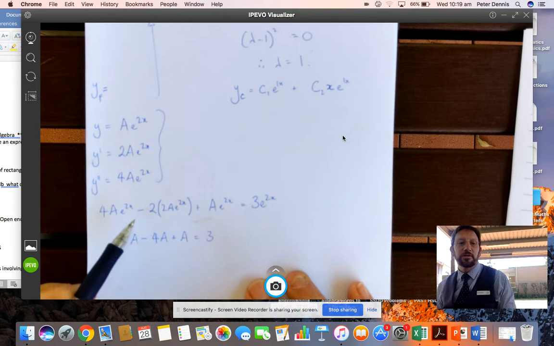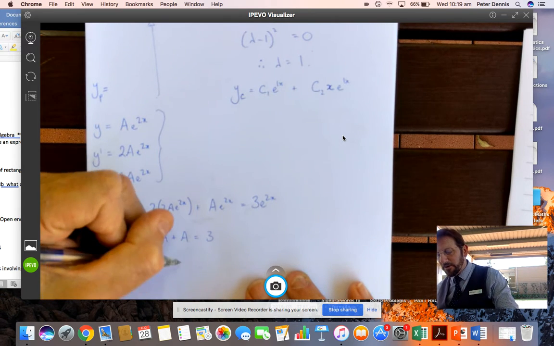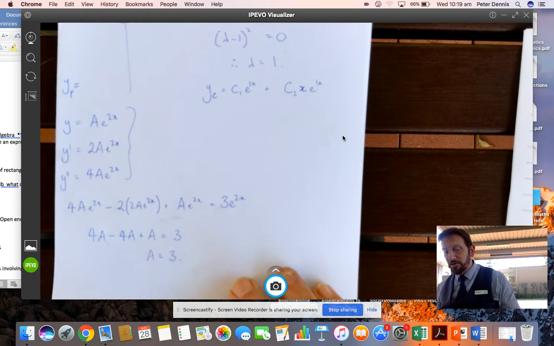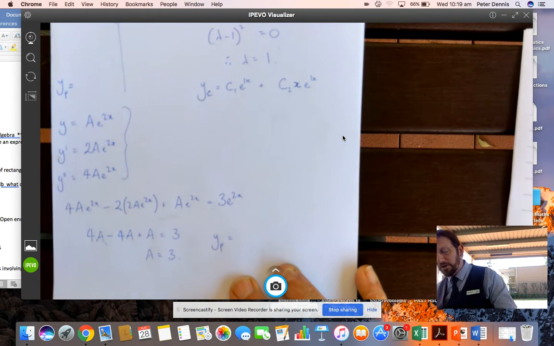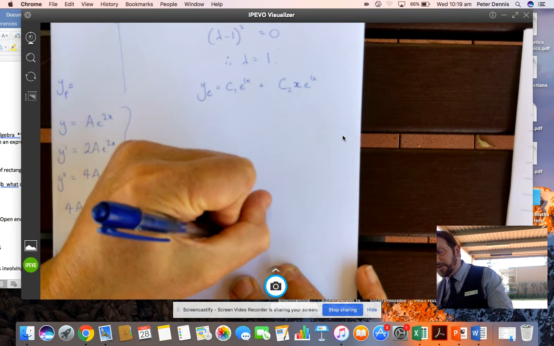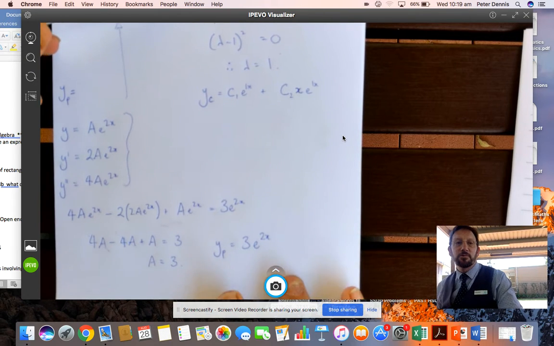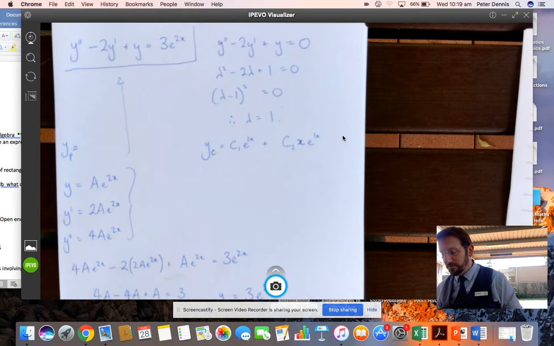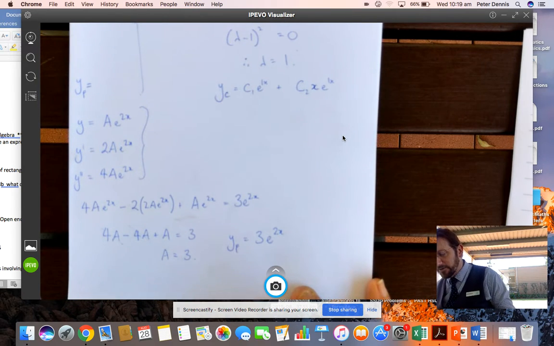Now, we could have put the e to the 2x's there, but really we didn't need to. 4a minus 4a, so a equals 3. It doesn't always work out that nicely, but our particular solution, y particular, is when a is 3, so 3e to the 2x. Now, in this case, it's worked out that it's exactly the same. It won't always do that. Don't think that that's always going to happen, because it won't.